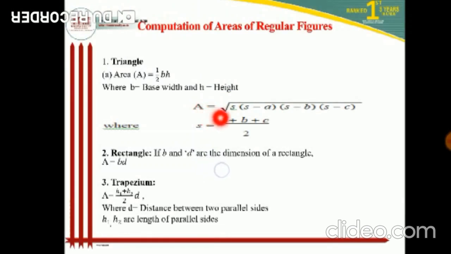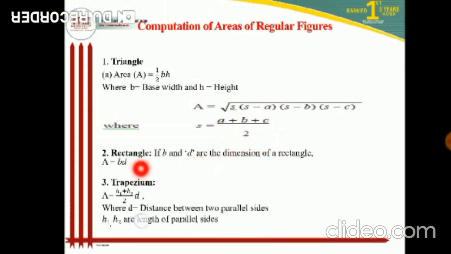Area A is equal to under root s(s minus a)(s minus b)(s minus c), where a, b, c are the sides of the triangle, and s is the semi perimeter, that is the average of the sum of sides, a plus b plus c by 2.